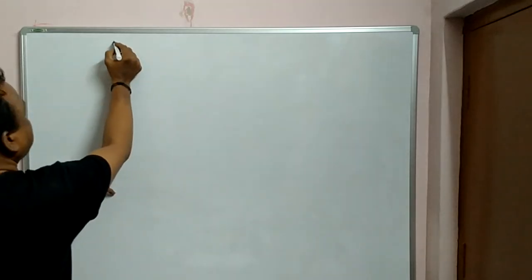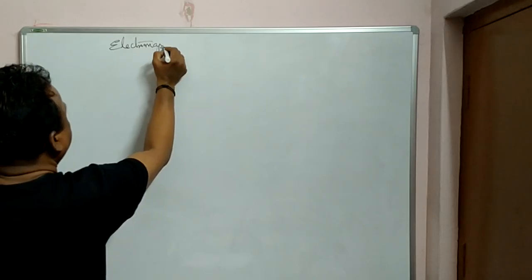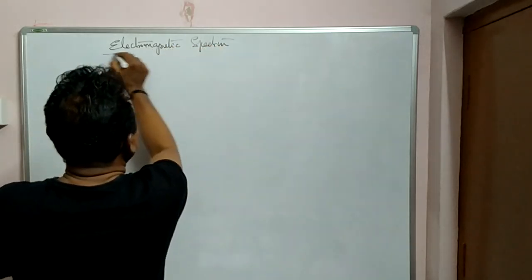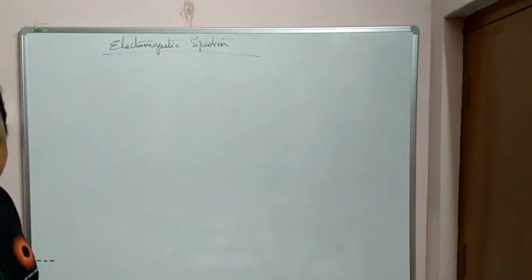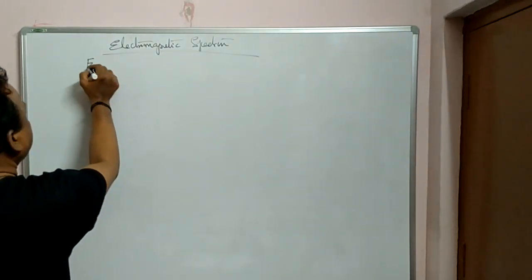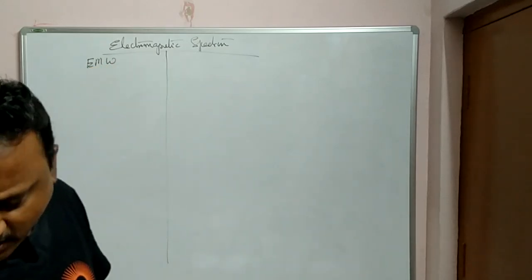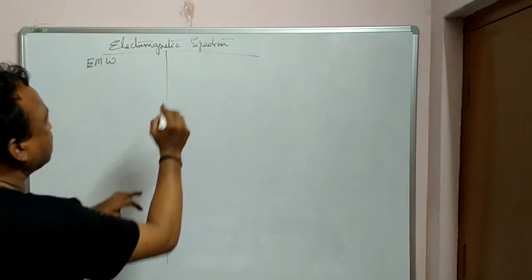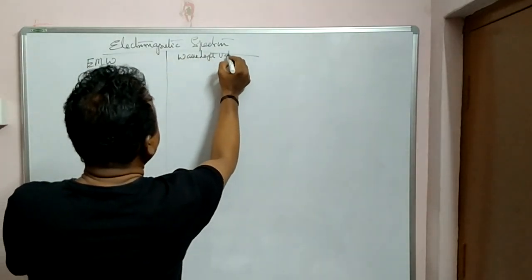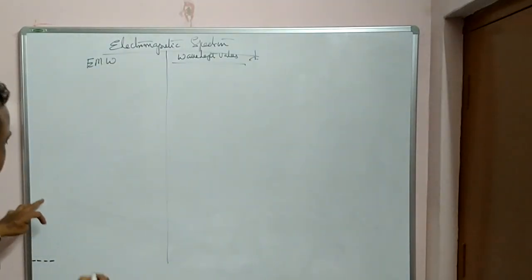You have to mug up the values, in case they ask in the examination. Electromagnetic spectrum. Now I'll give you the electromagnetic waves, EMW, on one side, and also the wavelength values, lambda, for different waves.